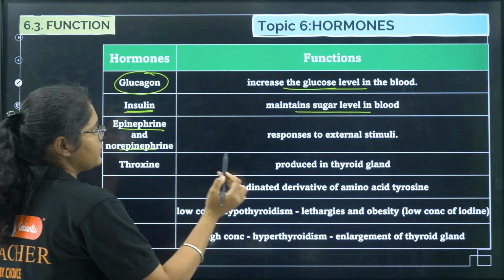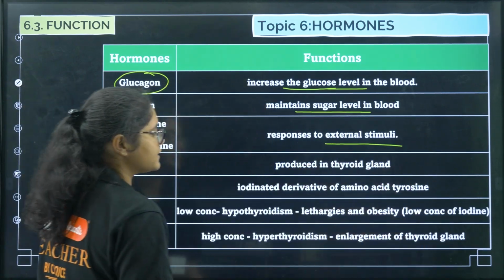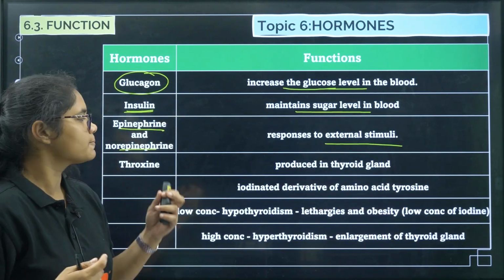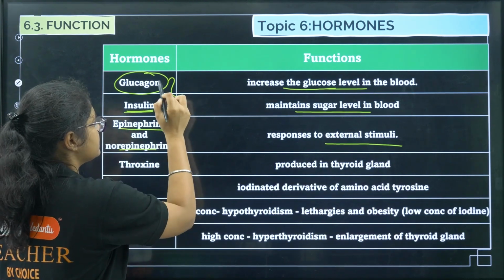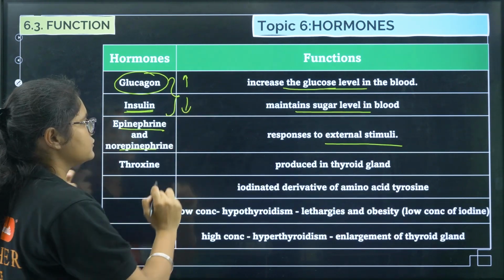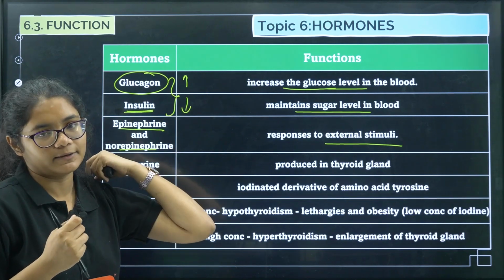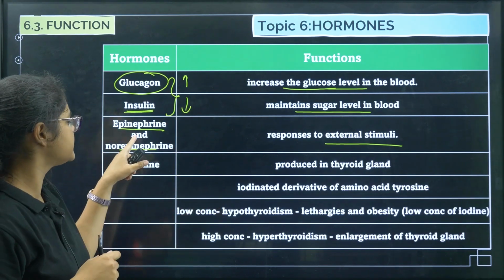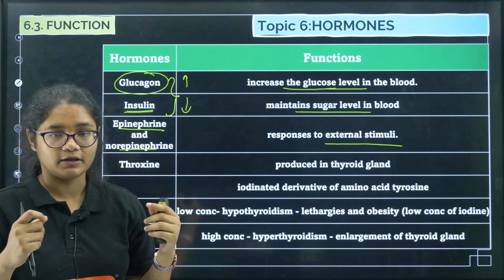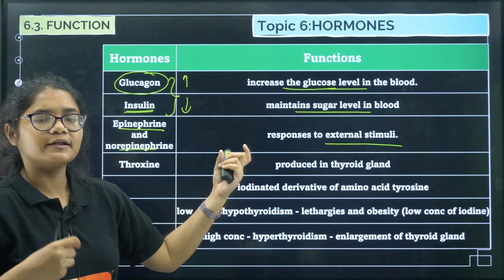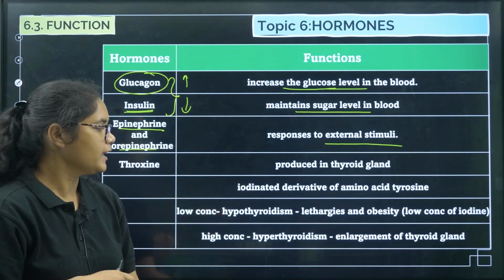See these two together: this tries to increase, this tries to decrease. So these two hormones together maintain the blood sugar level. Epinephrine and norepinephrine respond to external stimuli.